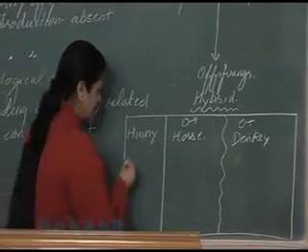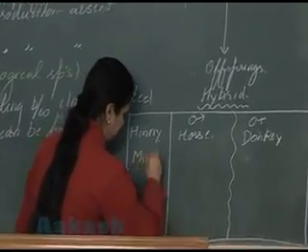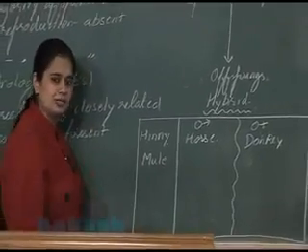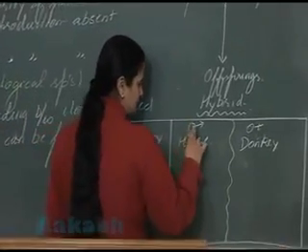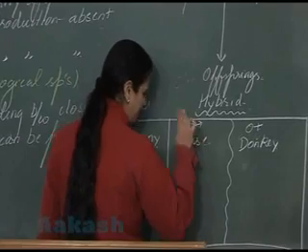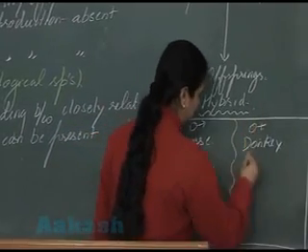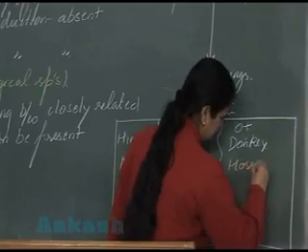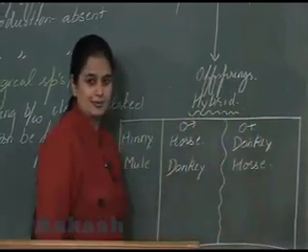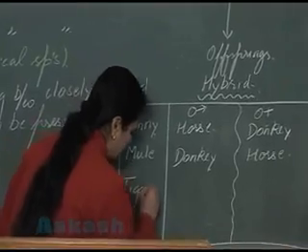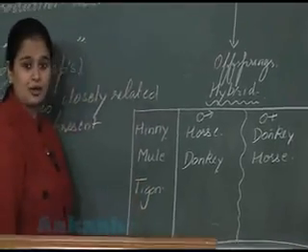Next hybrid is the mule. Now the condition is reversed. It is a hybrid formed between a male donkey and a female horse.